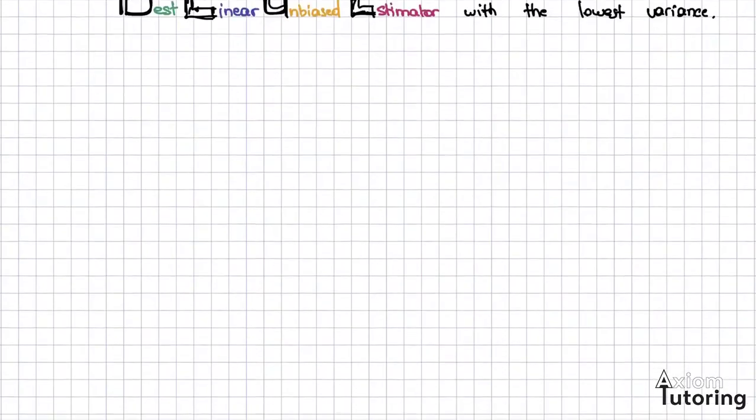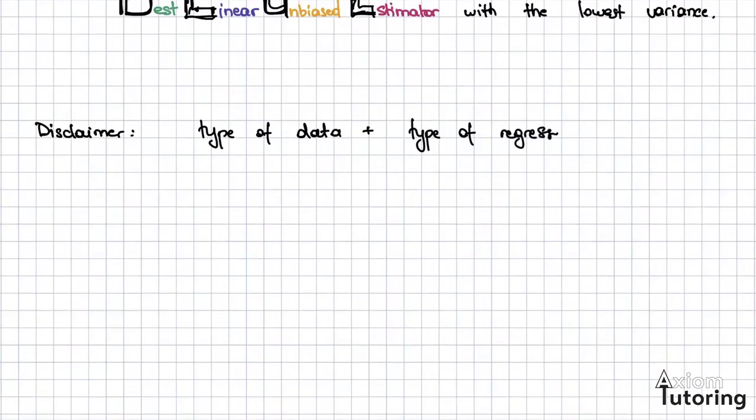There is a little bit of a disclaimer that I am going to start with, and that is, depending on the book that you are using, the type of data, plus the type of regression, different books are going to use different labels for the assumptions that need to be fulfilled for the statistical properties.